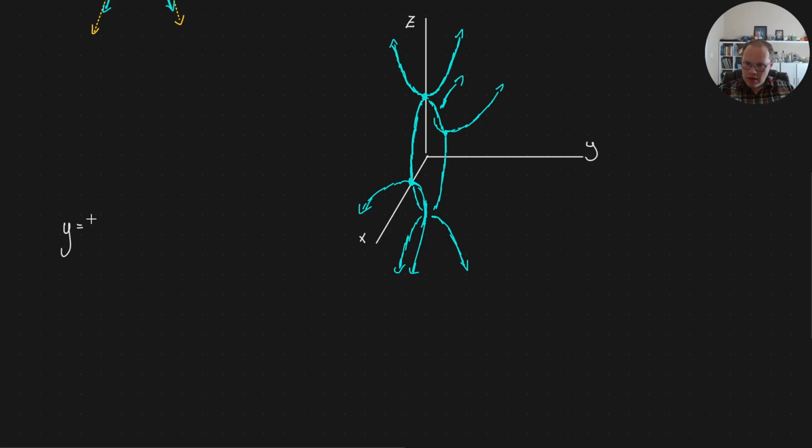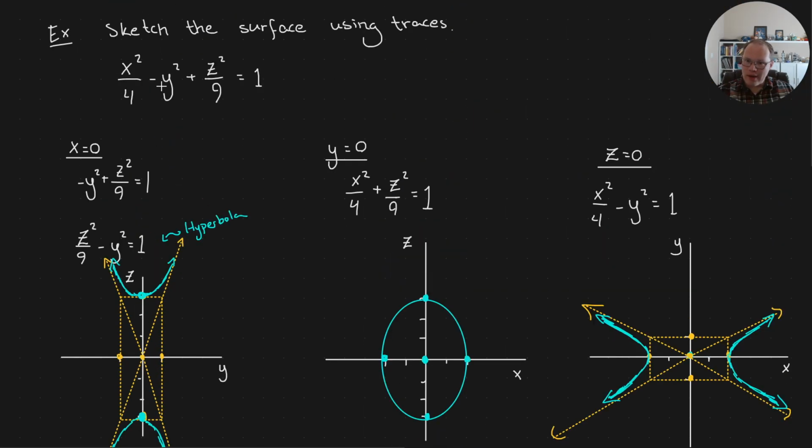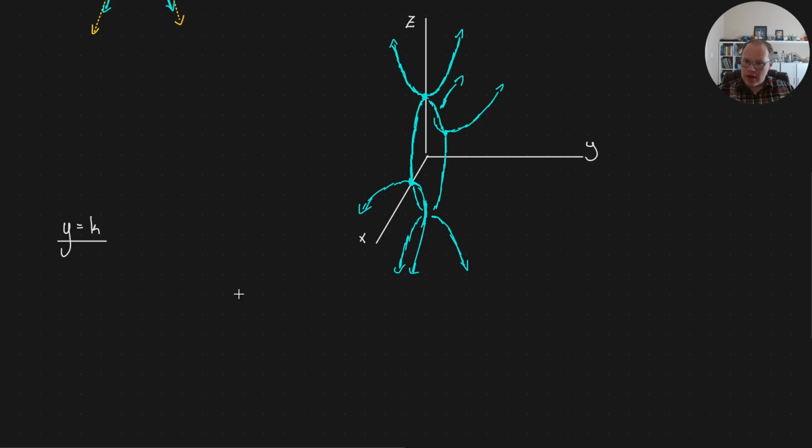I'm going to not pick a particular value of y. I'm interested in the general behavior and what happens here. What if I set y equal to a constant generally? So I'd get x squared over 4 minus, instead of y, I'm plugging in some other constant.